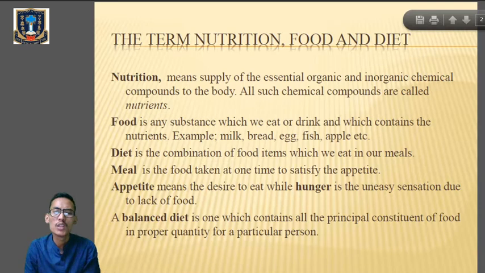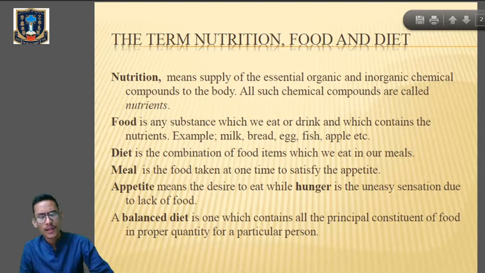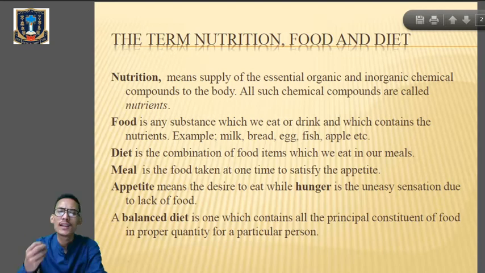Clear? In another way, we can also define nutrition as the process of producing or obtaining the food which is necessary for an individual for growth and to remain healthy. Therefore nutrition can be defined as the process by which an animal or plant takes in and utilizes food substances for growth and to remain healthy.